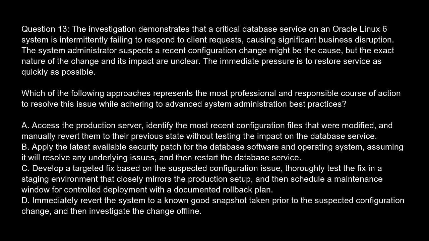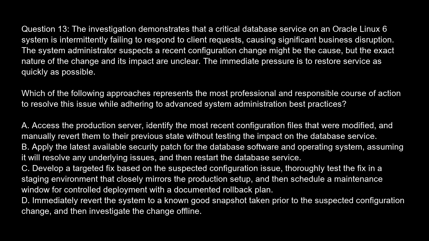Option A. Access the production server, identify the most recent configuration files that were modified, and manually revert them to their previous state without testing the impact on the database service. Option B. Apply the latest available security patch for the database software and operating system, assuming it will resolve any underlying issues, and then restart the database service.